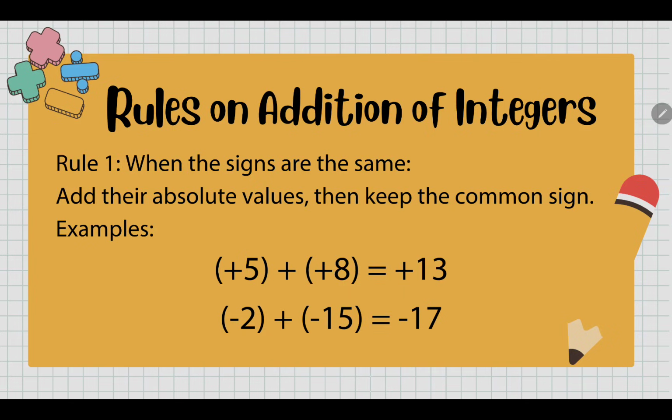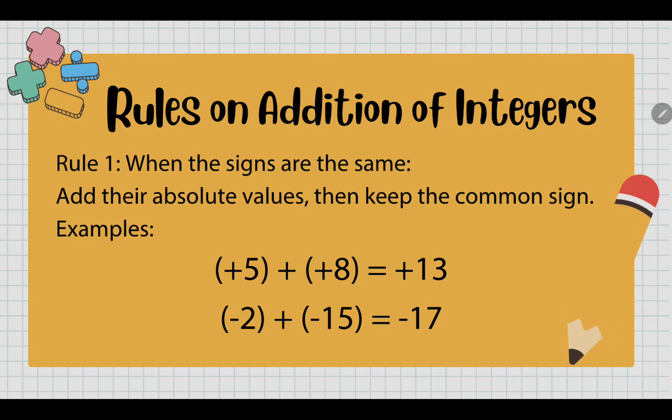So let's look at some of the examples on this slide. If we have 5 plus 8, both are positive numbers, and when we add these two numbers together we get a positive 13, and we keep the positive sign.